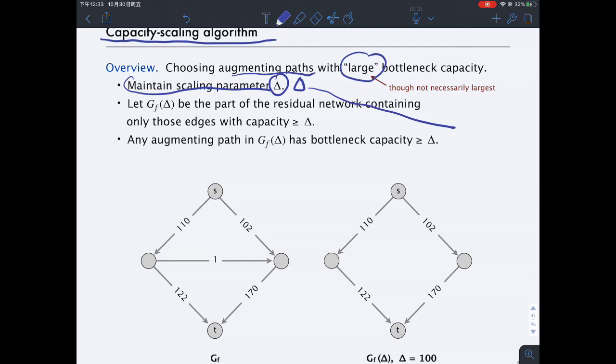This delta starts as a pretty large number, and in the middle of the process, we want to eliminate all the edges whose capacities are smaller than delta. This is what the second sentence is talking about. Let G_f of delta be the part of the residual network that contains only edges with capacity at least delta.